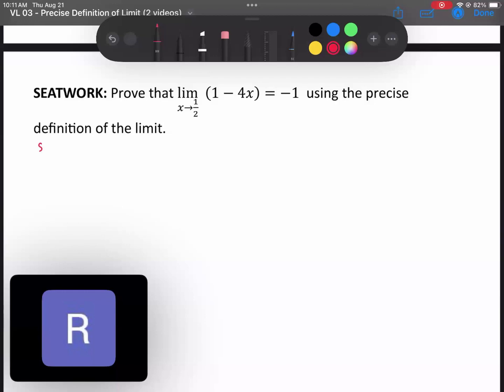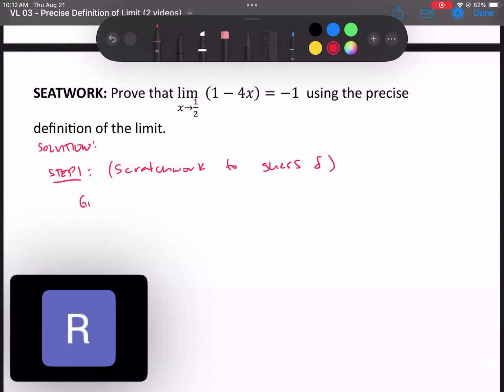So in our solution, we have step 1. This is our scratch work to guess delta, okay? So you want to guess delta given epsilon, given any epsilon greater than 0.